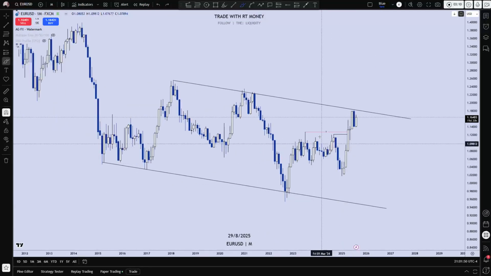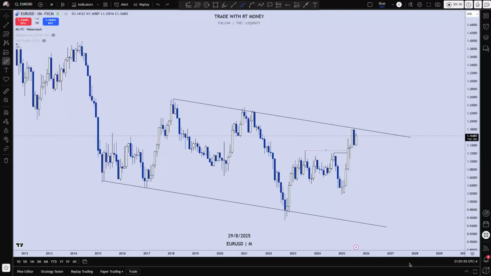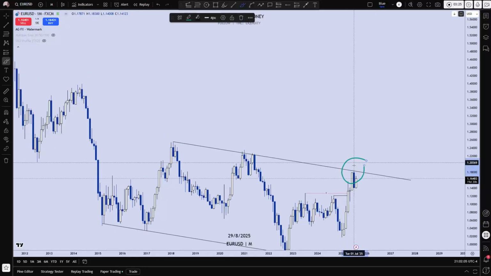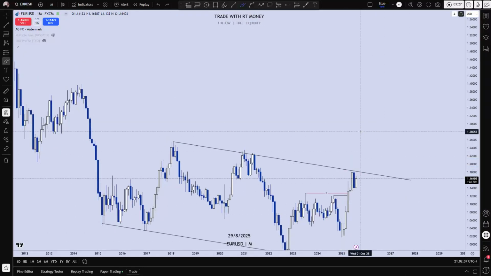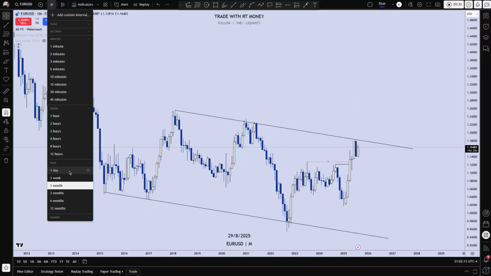All right, we broke above the consolidation here. It's a long period of consolidation. We swept the lows and then pushed up, and we ended up here. All right, so right now on the monthly we are bullish for sure, right? On the monthly we are bullish.